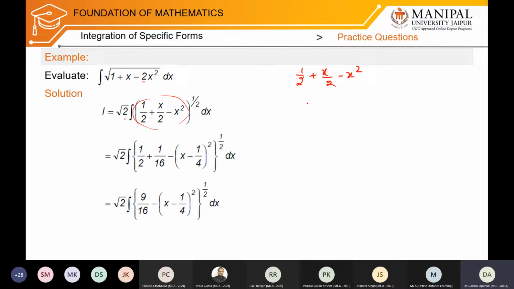So how can we split it? We can write it as 1 by 2 plus, we need to write the whole square term now, so minus x square plus x by 2 plus 1 by 16 and minus 1 by 16.